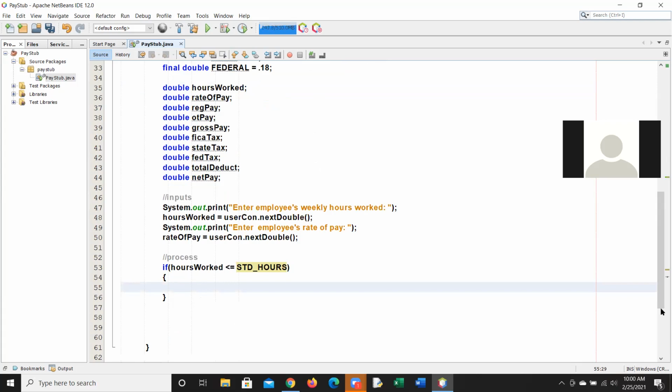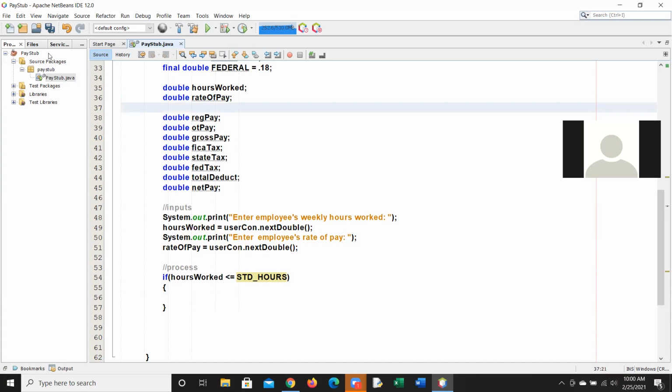All right, so if that's true, then my, what did I do here? Rate of pay. Well, regular pay. Oh my gosh, we're missing 2 variables already. So down here we need a double that's regular hours.